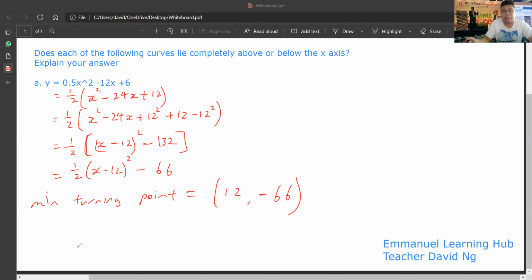Okay, now you're supposed to explain your answer. Does it lie completely above or below the x-axis? Since the coefficient of x squared is greater than 0, therefore the curve is a U-shaped curve.